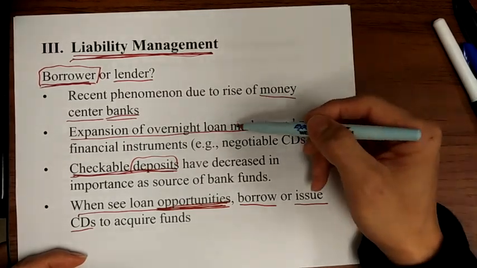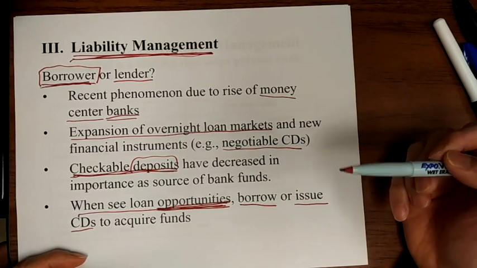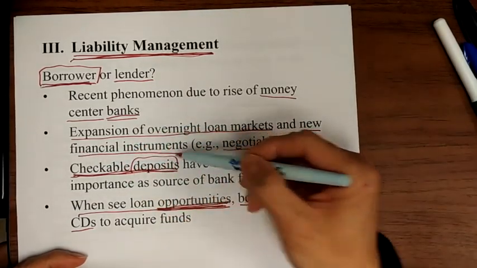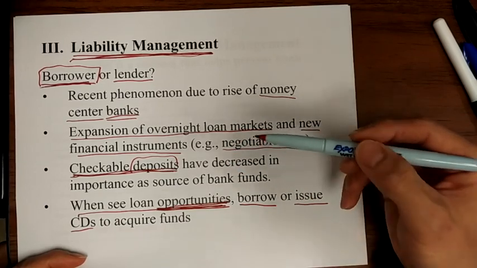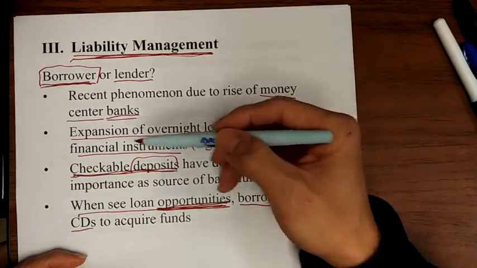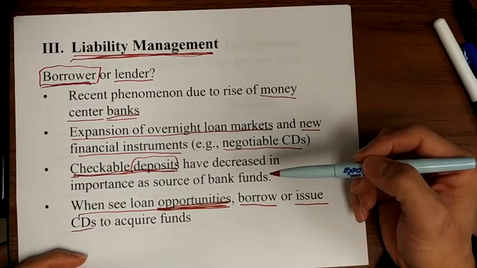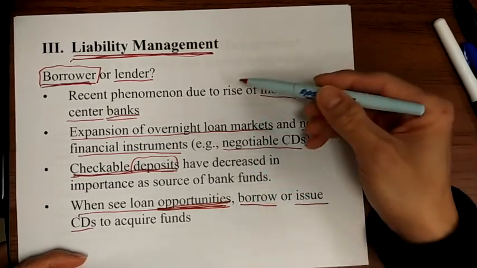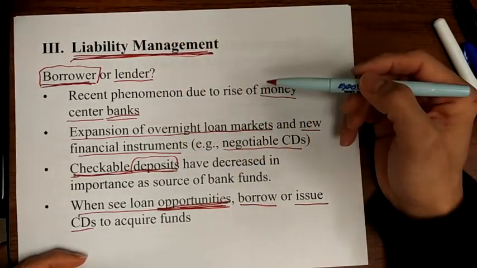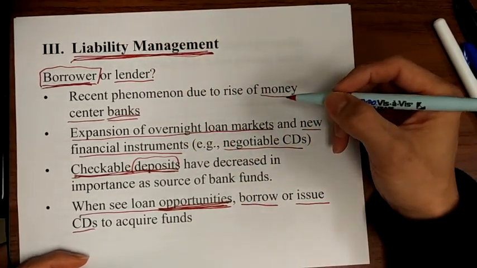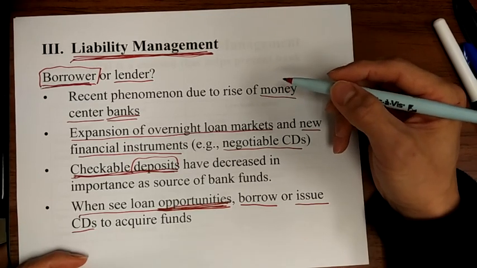They issue overnight or negotiable CDs, new financial instruments, all those financial innovations. They borrow overnight to buy overnight assets. They're so aggressive. This is how the commercial banks are running right now. Therefore, liquidity management becomes very important after the 1960s, after all those financial innovations.